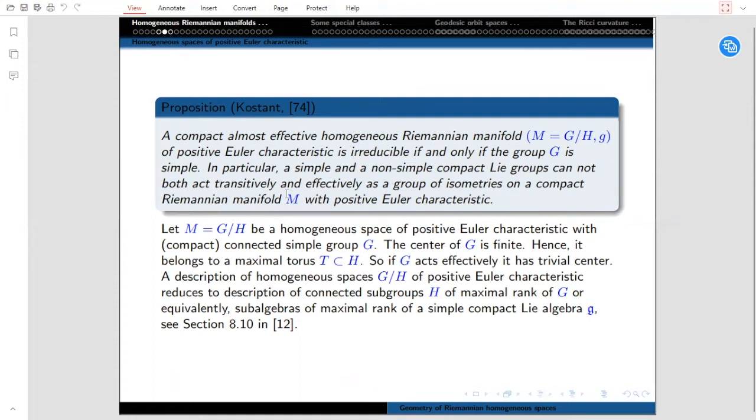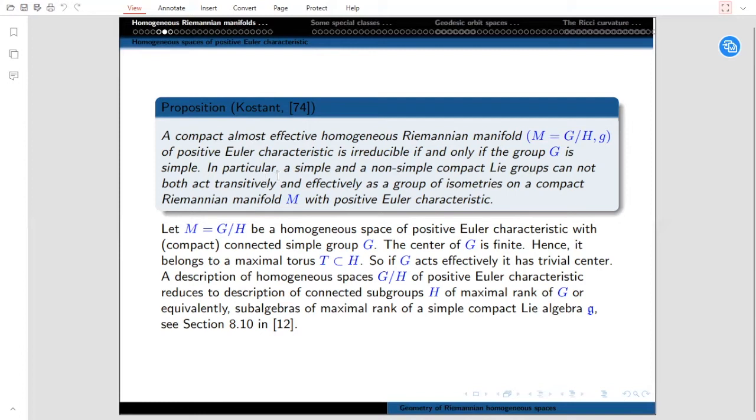Yes, I recall it. A compact, almost effective homogeneous Riemannian manifold M = G/H of positive Euler characteristic is irreducible as a Riemannian manifold if and only if the group G is simple.